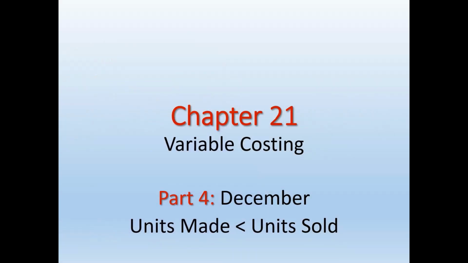In this section, we're going to explore how we understand a firm's profitability under variable costing and absorption costing when that firm makes fewer units in a period than it sells.